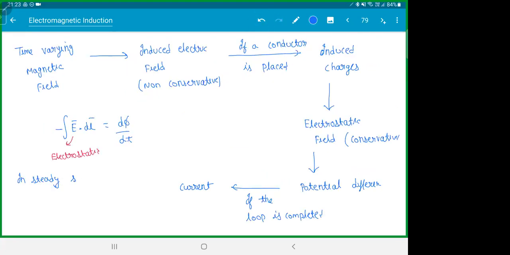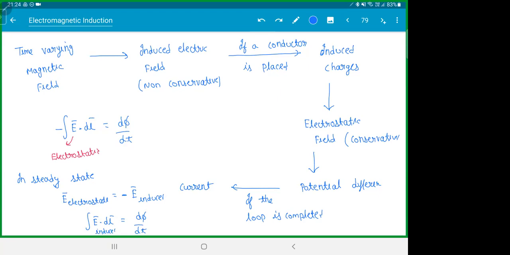In steady state, E electrostatic becomes equal to minus E induced. When I substitute that here, it becomes integral E dot dl, which is induced, equal to d phi by dt. You're able to do this because luckily the magnitudes are matching. This is what we saw as the final result.